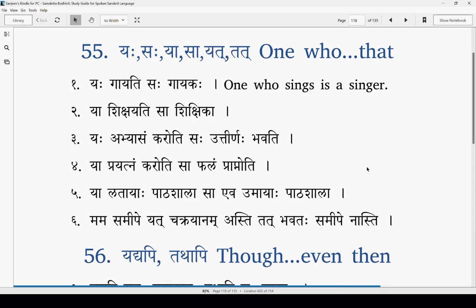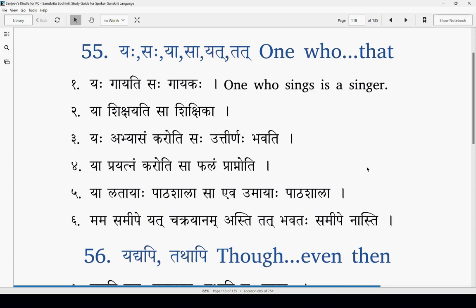Saha, that person, pullinge. Sa, that person, strilinge. Tat, that, napunsakalinge. Eshaha, this, pullinge. Esha, strilinge, this. Etat, napunsakalinge, this.